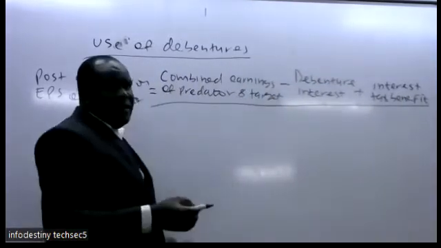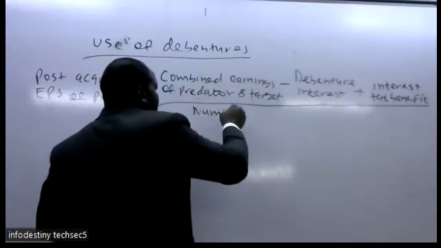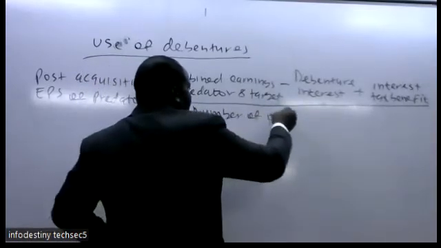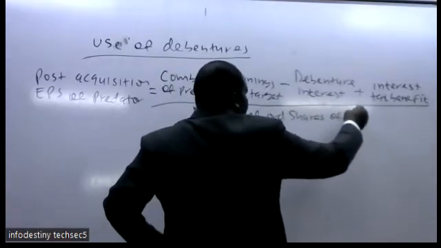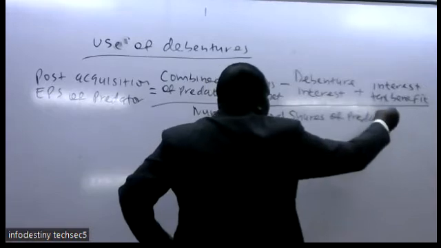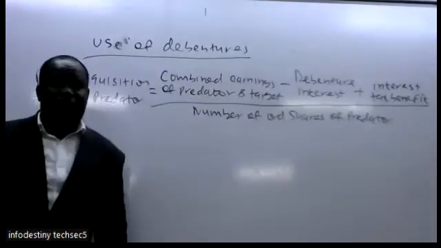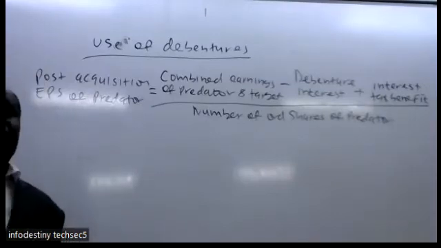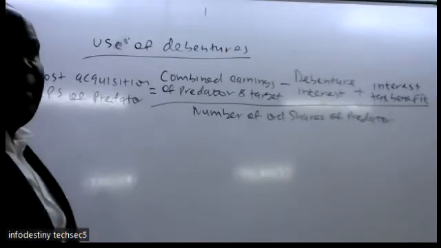Then once you have done that, you divide by the number of ordinary shares of the predator.